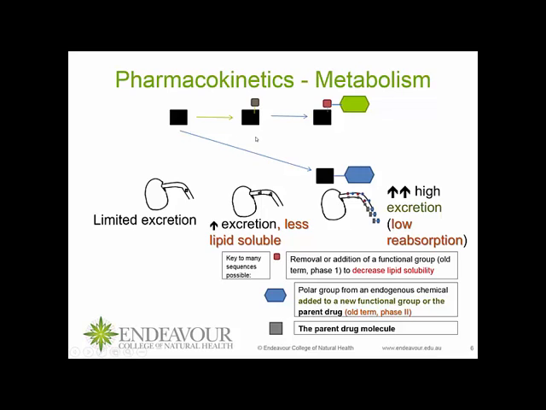As these processes occur, the drugs become more polar and more water soluble. So as we see, the drug's water solubility increases as the drug is modified by addition of a functional group or by undergoing a chemical reaction of oxidation or reduction.